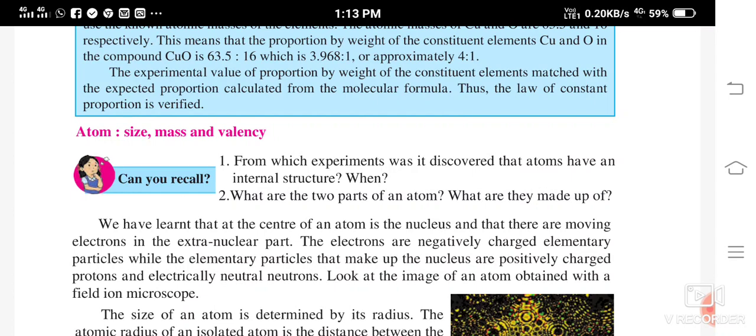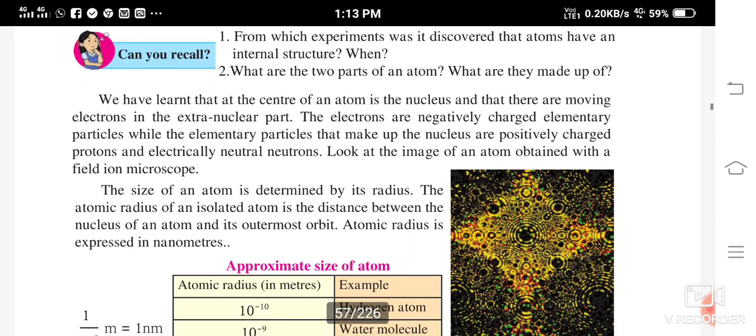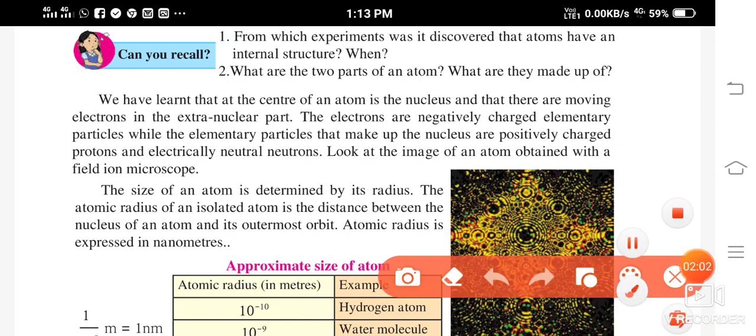So we have learned that at the center of an atom is the nucleus, and that there are moving electrons in the extranuclear part, correct? So two parts: one is the nuclear part, and the second one is the extranuclear part. The nuclear part contains the nucleus and the protons, and the outer extranuclear part contains the moving electrons.